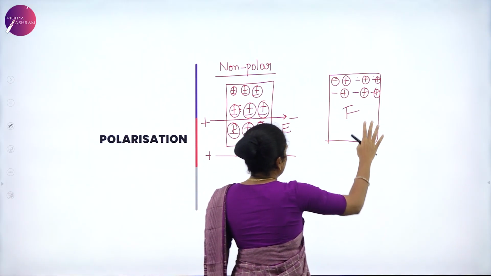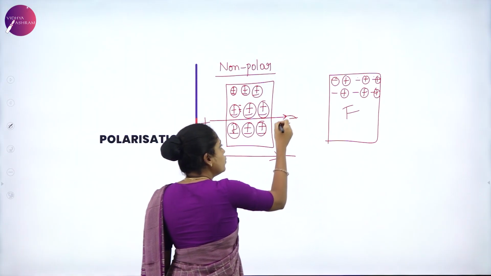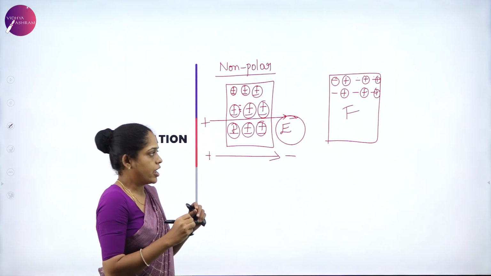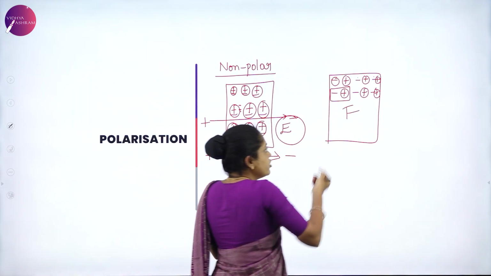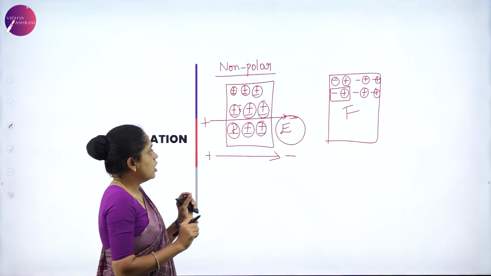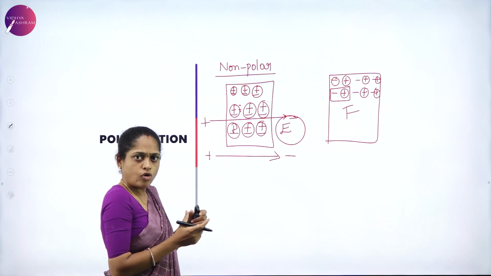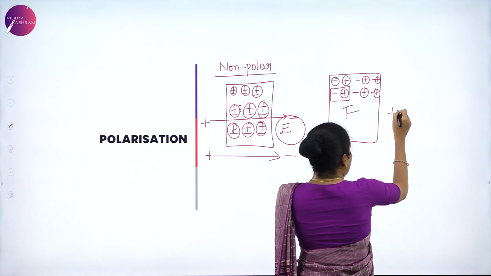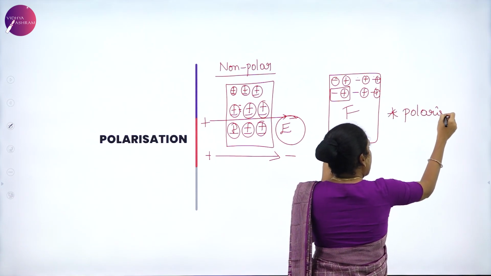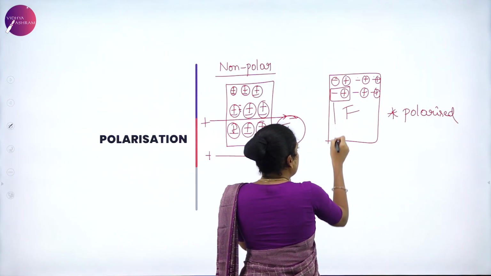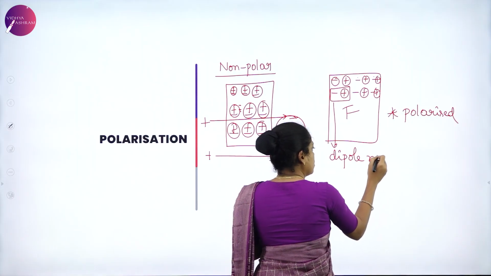The charges which had coincided have separated due to the electric field. Therefore, it is known as polarized, as they have dipole moment.